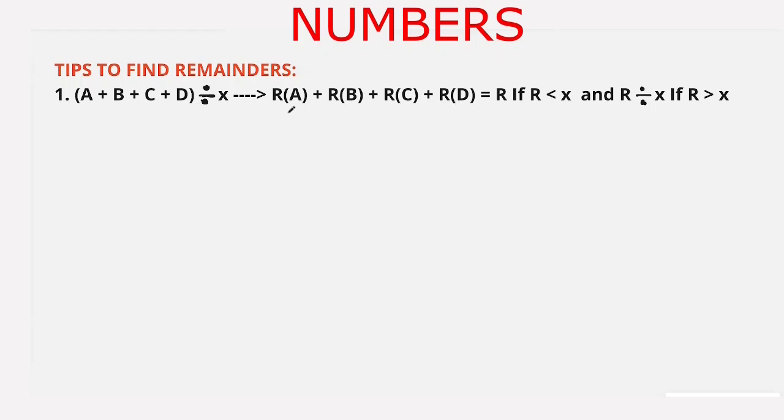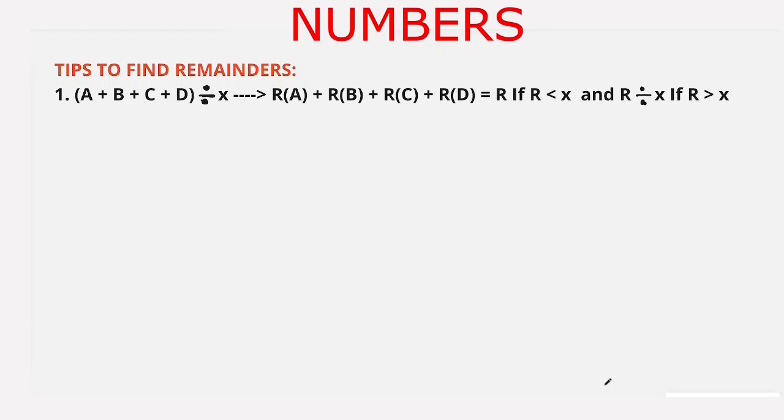And if we add all these, that is equal to the total remainder. If this total remainder is less than x, then the remainder will be the same. And if the remainder is more than x, then what do we do? We divide r by x if the remainder is greater than x.